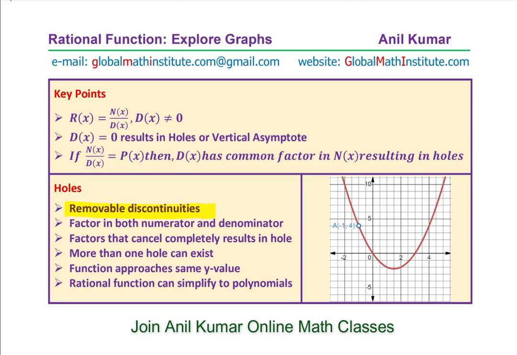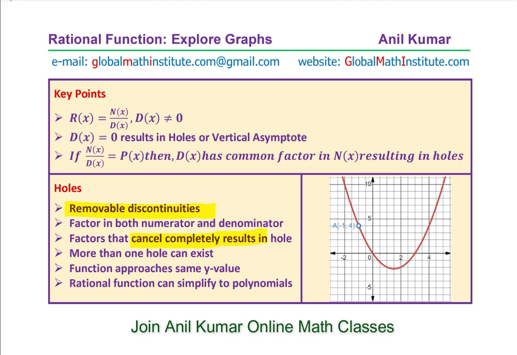A factor in both numerator and denominator results in holes. Factors that cancel completely result in a hole. This is very important to understand. If a factor doesn't cancel, so we have x and x squared in the denominator, one of the x's gets cancelled, the other one doesn't, then there will be a vertical asymptote, okay?